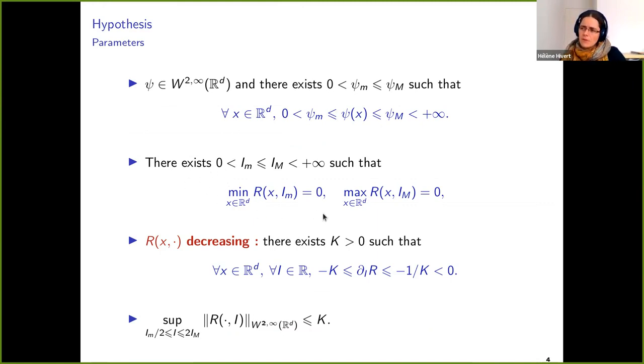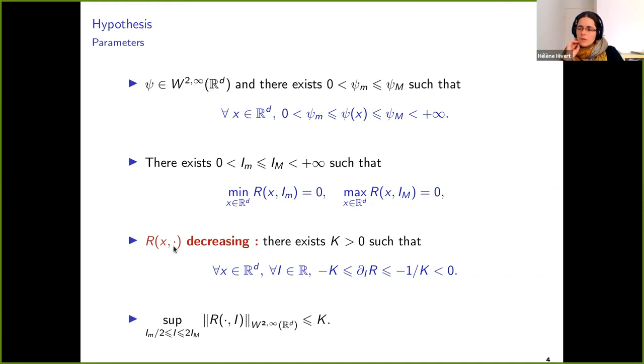There is another hypothesis: there are two constants, I small m and I capital M, such that for I small m, R is always positive, and for I capital M, R is always negative. It is important. It enables to localize actually the I at the end.